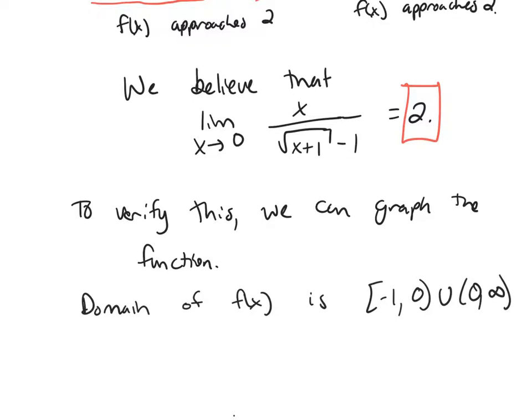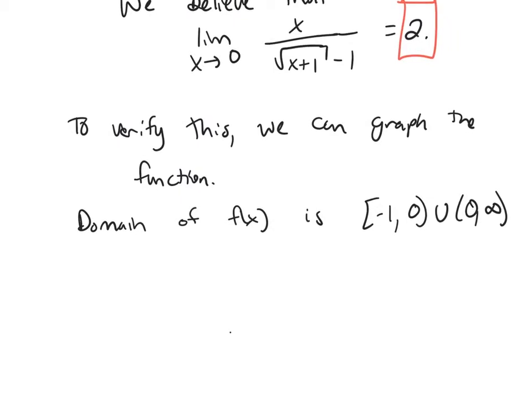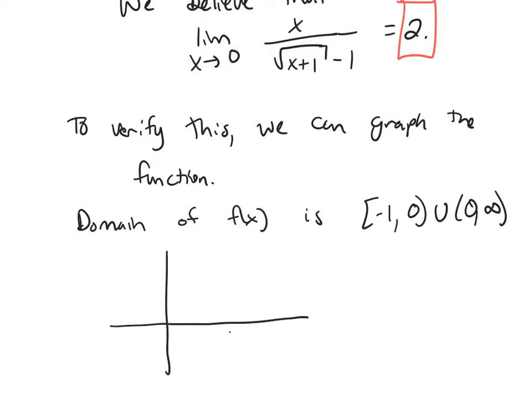Because we have a square root here, we can't take the square root of a negative number. And so our domain cuts off. It starts at -1. And if you ask your calculator to graph this function, you'll see the following picture. Remember, my function is undefined at 0, so there's a hole.